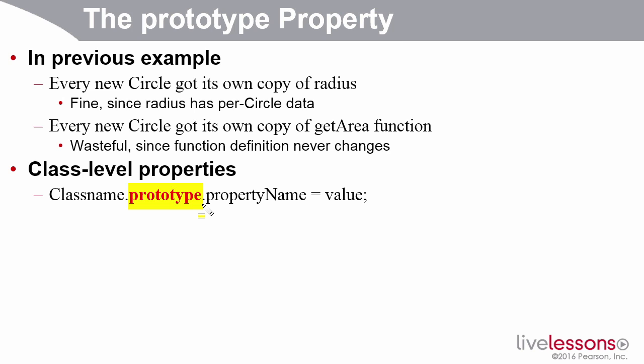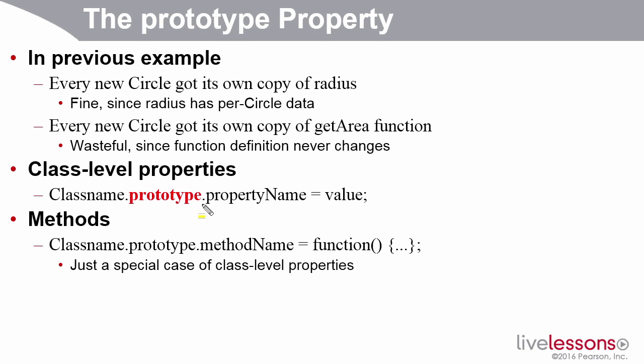If you do this for a regular property like radius, you get a problem. Now all circles share the same radius. That's probably not good. But if you want something that they all share, usually they all share and it never changes, then you can put it in a class level property by using the prototype name.